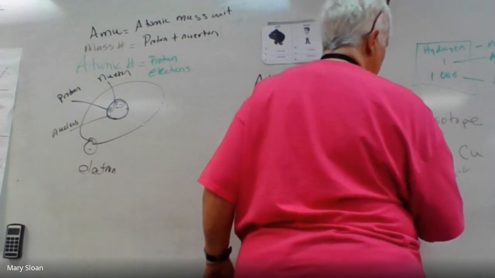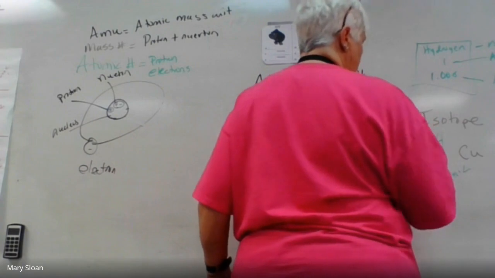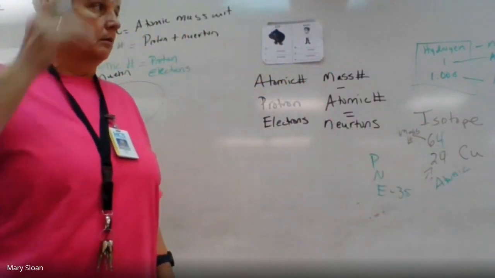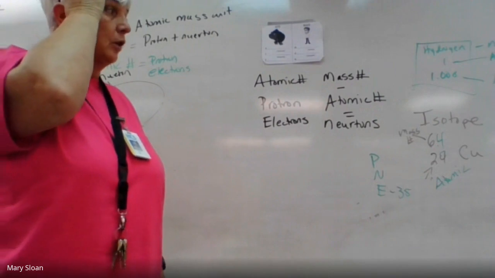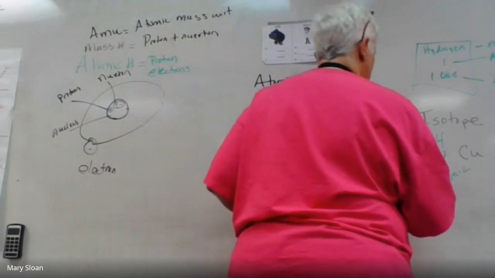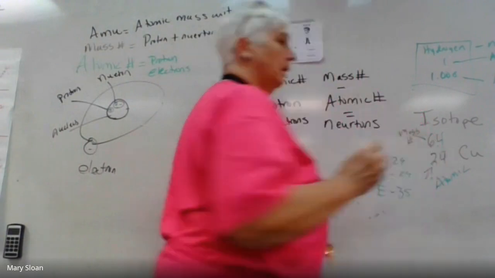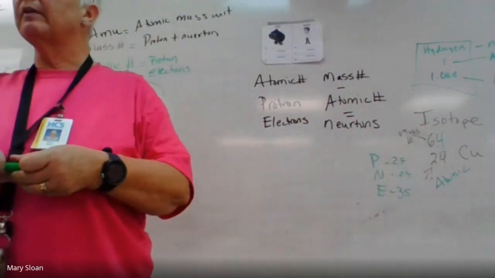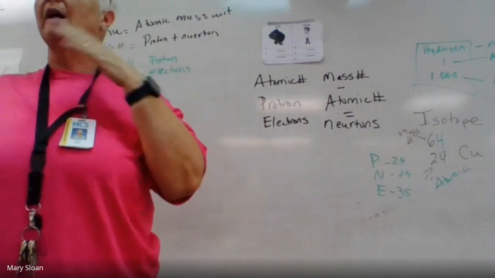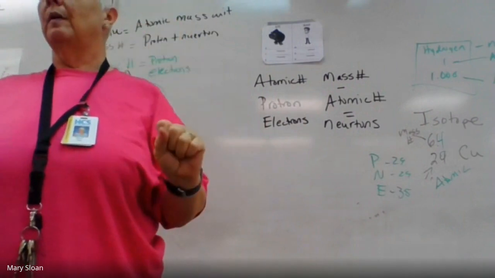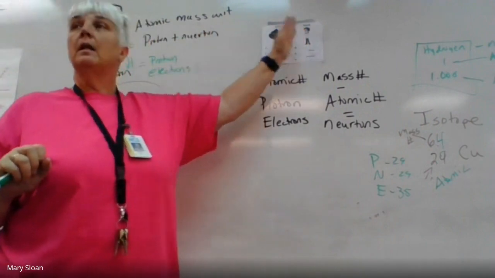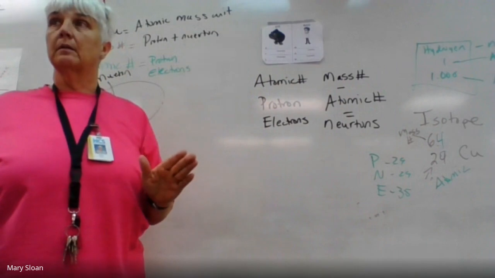So I have 35 electrons here. And how many protons and neutrons did I have? 29. No, it's okay. Listen, we're going to spend a couple of days here, because protons, neutrons, and electrons are hard. But the more you practice, the better off you're going to be.